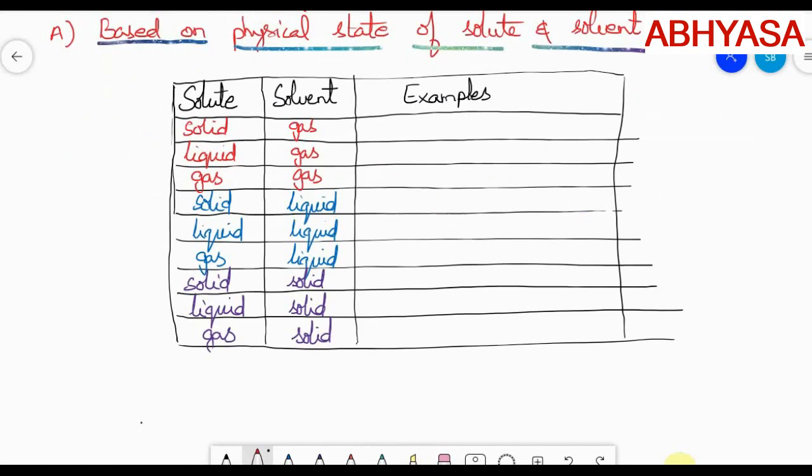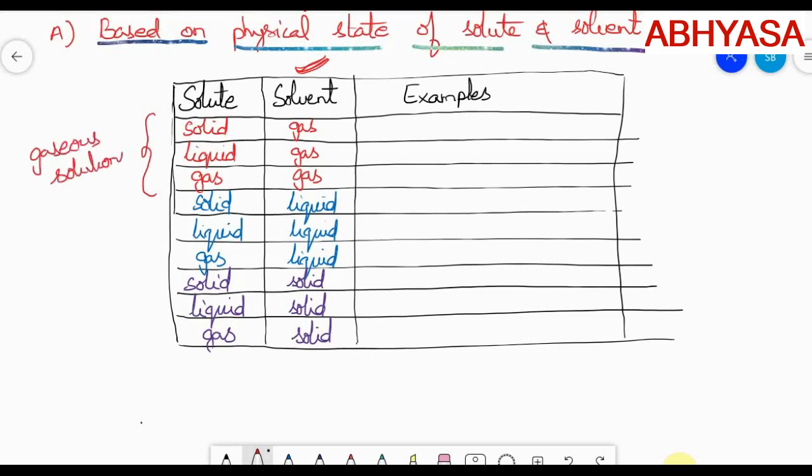See this tabular form. Here, first focus on this solvent part. Here, solvent can be gas, solvent can be liquid, or solvent can be solid, isn't it? Now, whenever solvent is a gas, we call these kind of solutions gaseous solutions.